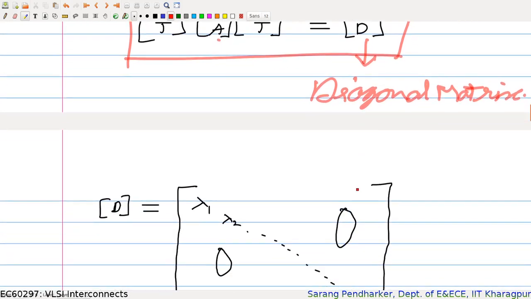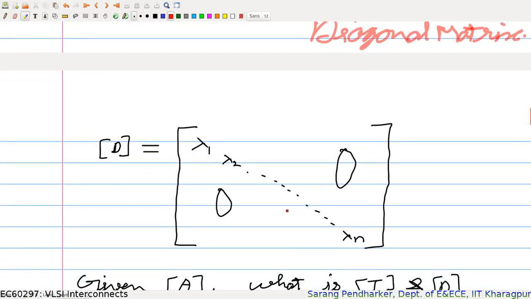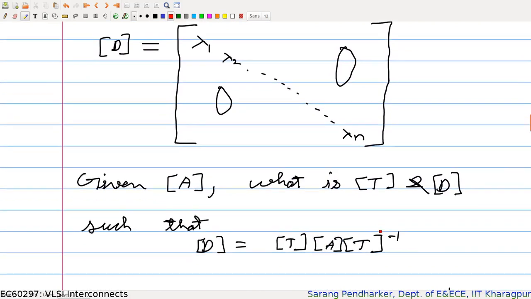So let me rephrase the problem in terms of matrices alone.